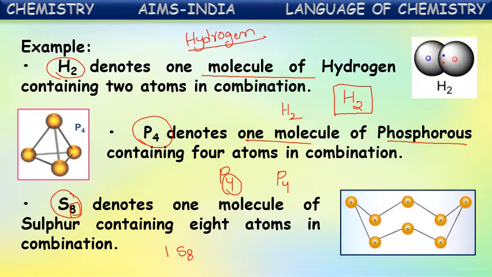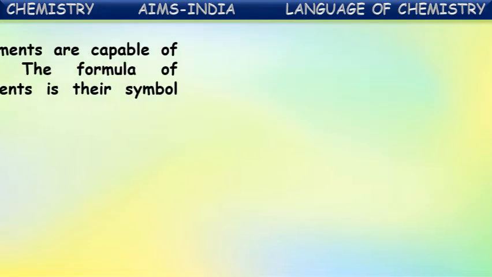In the previous class we already discussed what is a diatomic molecule, triatomic, tetraatomic, octaatomic. S8 represents 8 atoms. 8 atoms are present. That's why this is called octaatomic. But this S8 is only one molecule. One molecule of S8 contains 8 atoms in combination.